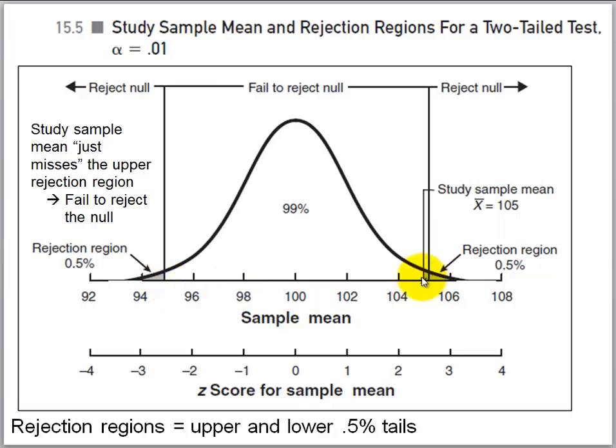We plot the location of our study sample mean. It is not in the rejection region. It's very close to being in the rejection region, but it just misses being in that region. And so we're failing to reject the null.